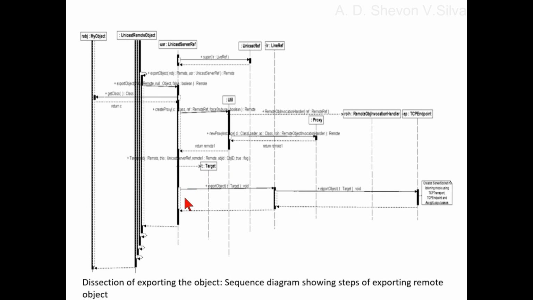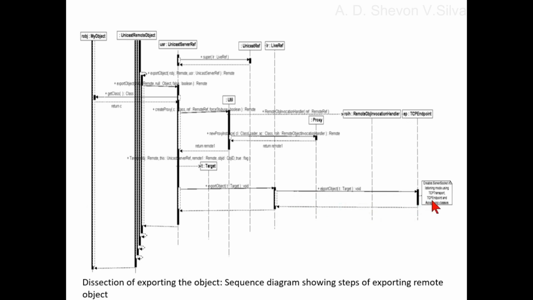And then USR unicast server ref is connected to LR live ref via export object T target void, and LR live ref is connected to EP TCP endpoint via export object one target void.